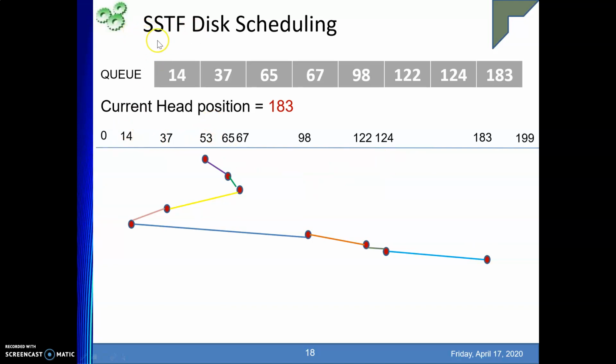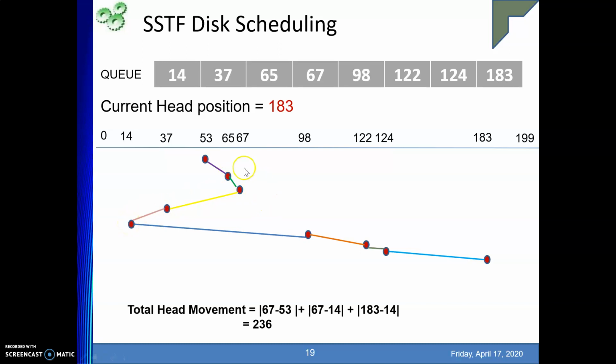Whenever we are making a movement, we see our neighbors and move to whichever neighbor is nearer, right? After doing this scheduling, we need to find how much total movement we have done. You can do this calculation piecewise: 65 minus 53, then 67 minus 65, then 67 minus 37, 37 minus 14.